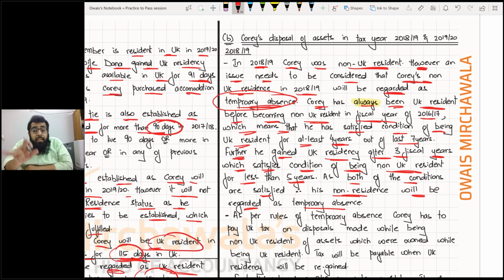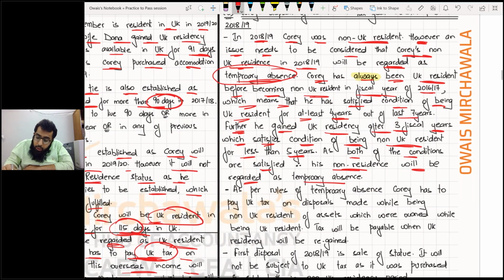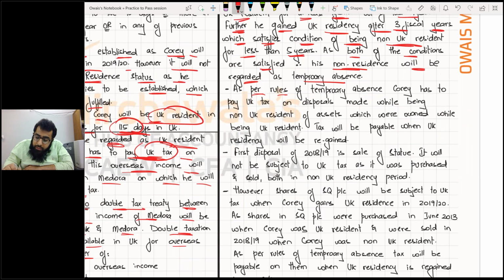I have already discussed this with you while I was reading the question. Now, as per the rules of temporary absence, Corey has to pay UK tax on disposals made while being non-resident of assets which were owned while being UK resident. Tax will be payable when UK residency is regained.